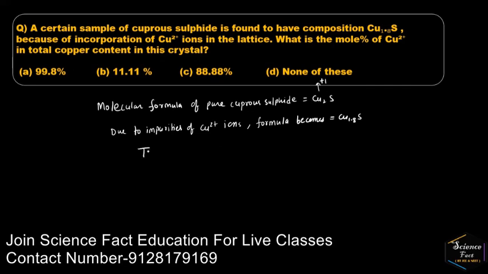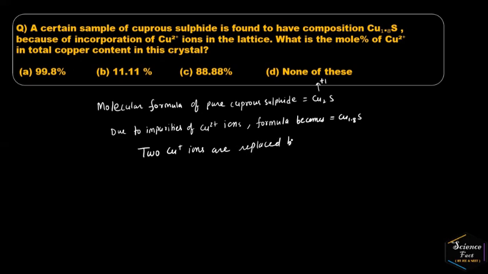Since we know that two Cu+ ions are replaced by one Cu2+ in the Cu2S sample, the total loss of copper should be equal to what? 2 minus 1.8.